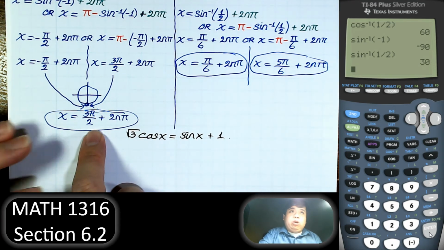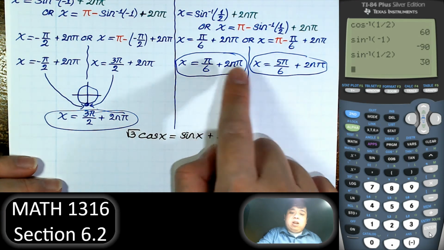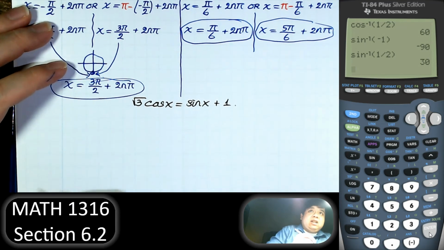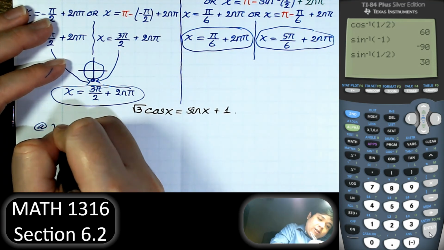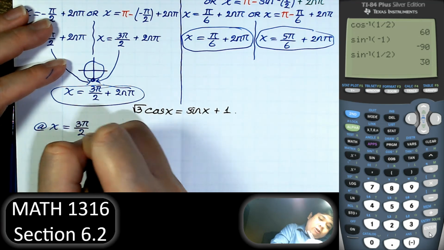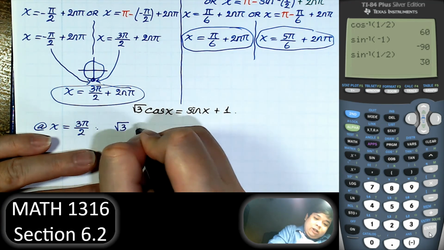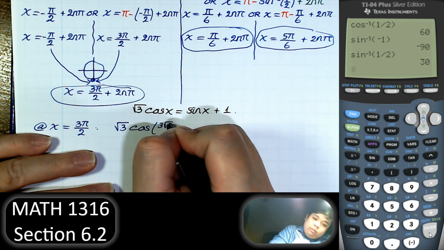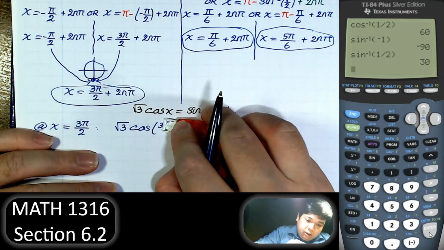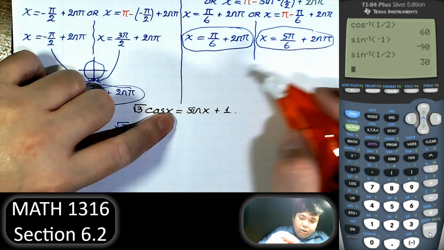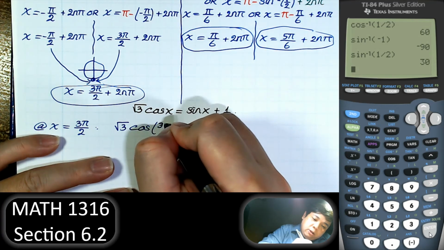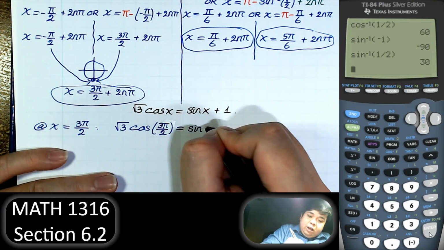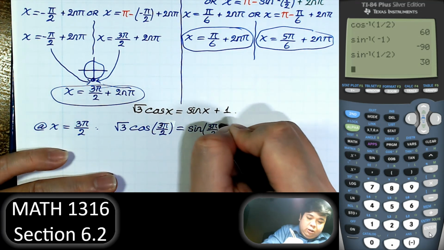So we just check 3pi/2, pi over 6 and 5 pi over 6. Let's check those values. Now at x equal to 3 pi over 2, we have square root of 3 times cosine of 3 pi over 2 equals sine of 3 pi over 2 plus 1.